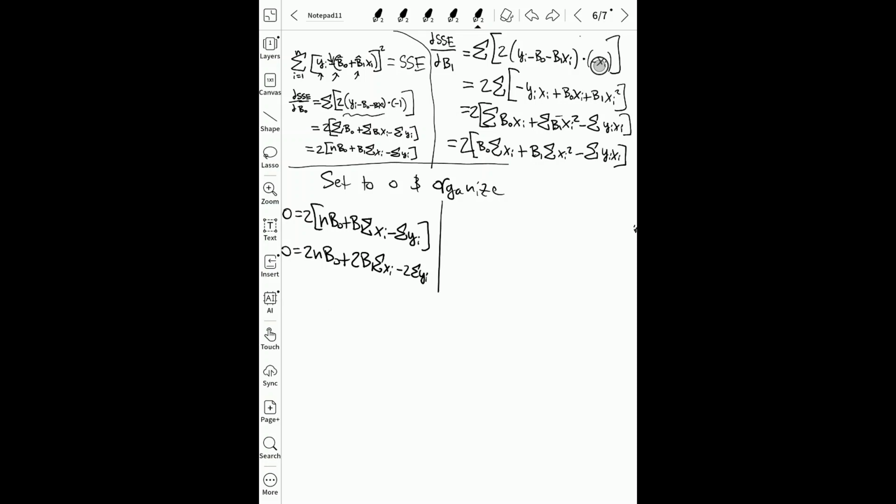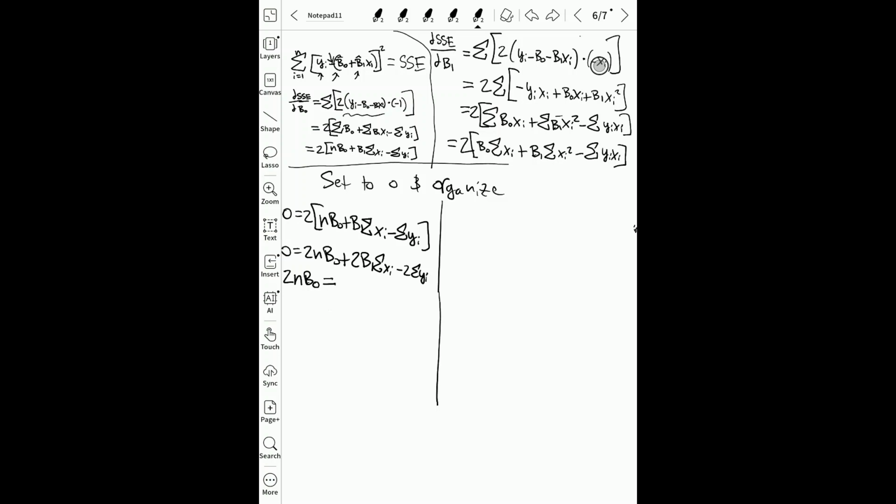All right, and now remember what we're trying to do here is to get the beta naught terms on one side of the equation so that we can solve for it. And so let's take the 2n beta naught and put that on one side of the equation. And the way that we get that is we have to move the other terms to the other side of the equation, right?